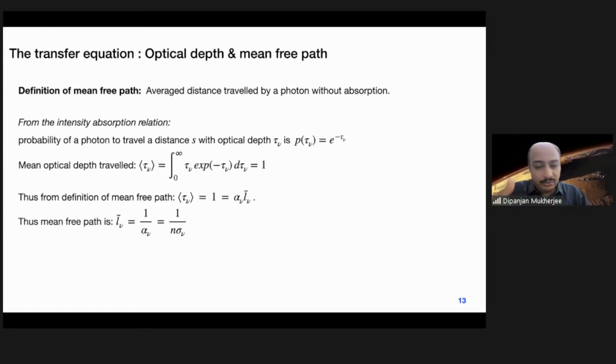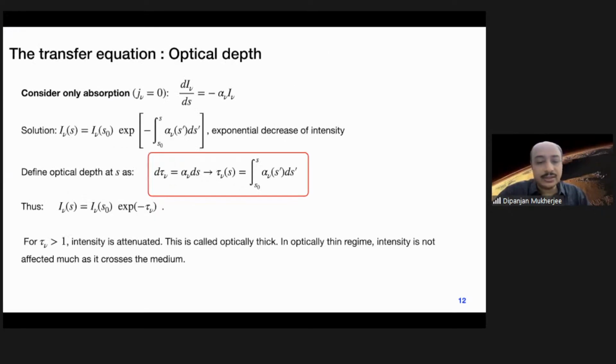So if you recast the intensity relation in terms of photon statistics, the probability of a photon to travel a distance s with optical depth tau nu is exponential minus tau nu. Again, if you recast it in terms of photon densities, you start off with a given number of photons, and a certain fraction of photons are finally found at the end as they pass through the volume.